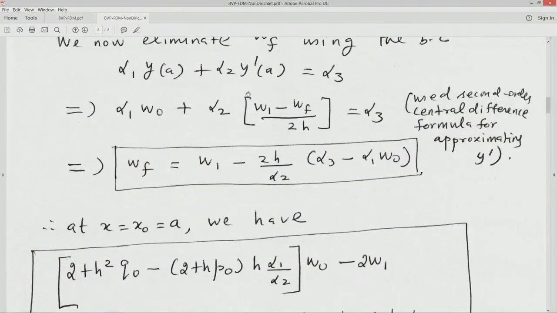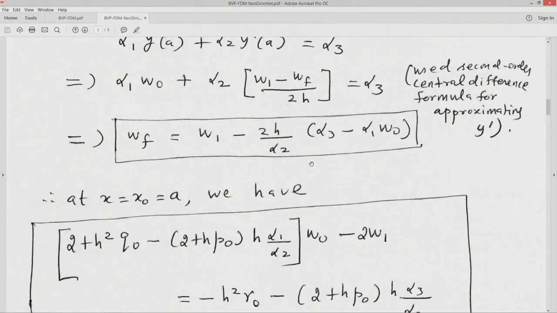So, y prime at A is replaced by W1 minus WF by 2h, and the boundary condition tells us that this is equal to alpha 3. And from here we can obtain what WF is. So, WF will be W1 minus 2h by alpha 2 into alpha 3 minus alpha 1 W naught.